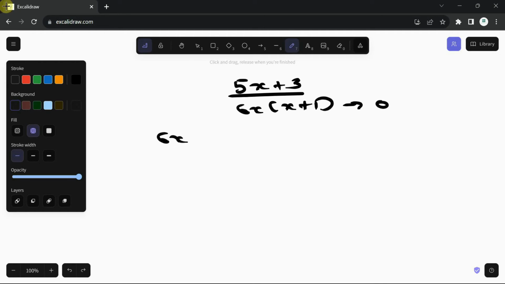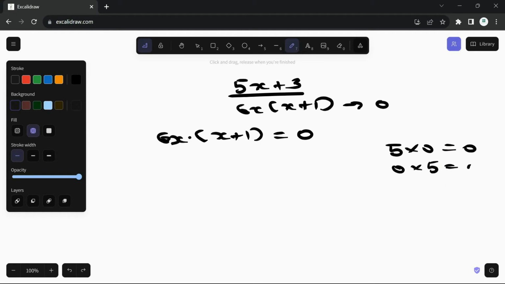So that will be 6x open brackets x plus 1 is equal to 0. I'm saying 6x multiplied by x plus 1 is equal to 0. First things first, we know that anything multiplied by 0 is equal to 0. If I say 5 times 0 is equal to 0, if I say 0 times 5 is equal to 0, that means one of these numbers must be 0 for the multiplication to be 0.